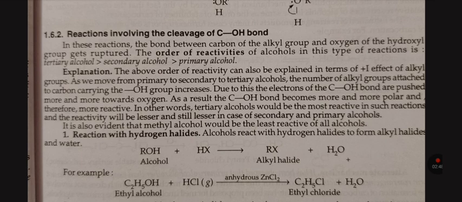As a result, the C-OH bond becomes more and more polar and therefore more reactive. In other words, tertiary alcohol would be more reactive in such reactions, and the reactivity will be lesser and still less in the case of secondary and primary alcohols. It is also evident that methyl alcohol would be the least reactive of all alcohols.